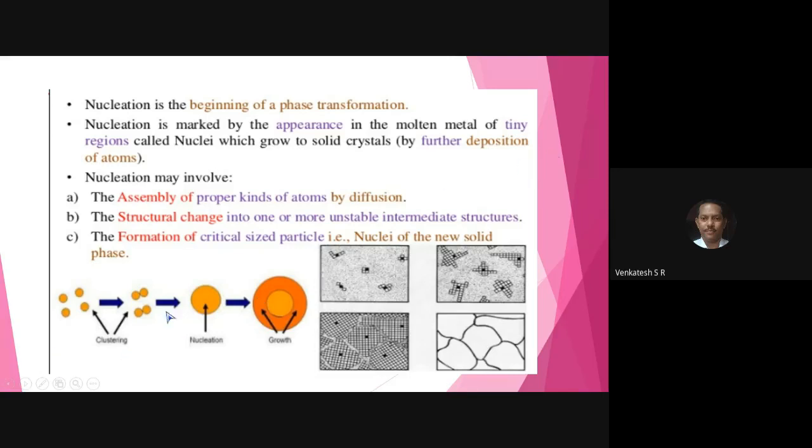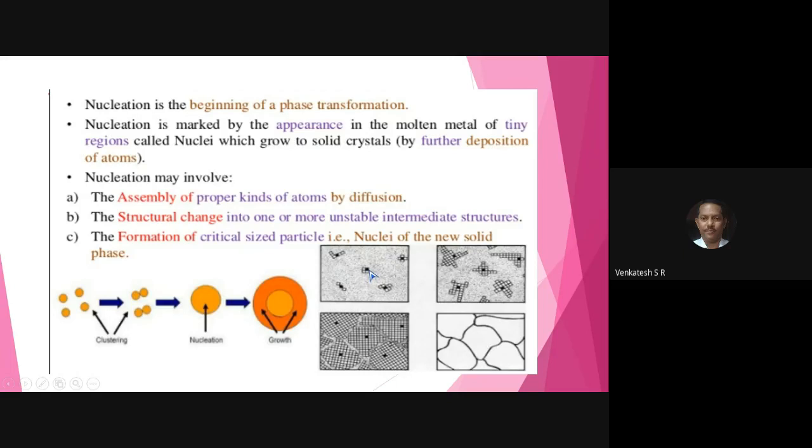For that, a good example: this is the nuclei formed, which attracts the neighbor nuclei and forms a bigger nucleus or crystal. And this is the crystal growth, which reaches the maximum size or critical size. It is called critical size or maximum size. In the first diagram, all of you observe here, this is just like an antenna structure.